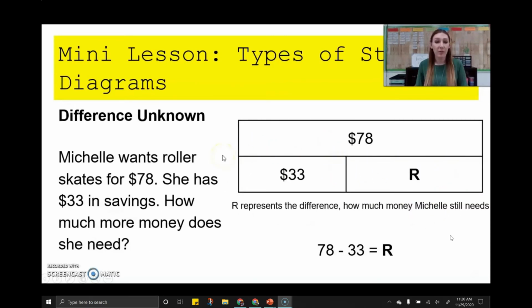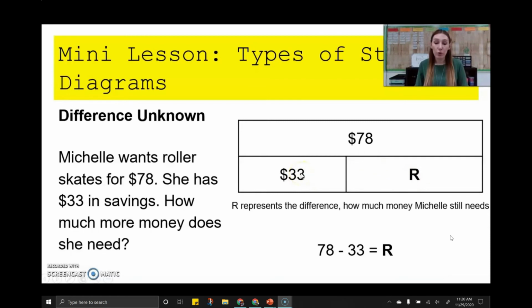Our next type of strip diagram is difference unknown. So our example reads, Michelle wants roller skates for $78. She has $33 in savings. How much more money does she need? So we're going to let the variable R represent roller skates, which represents the difference, or how much money Michelle still needs.